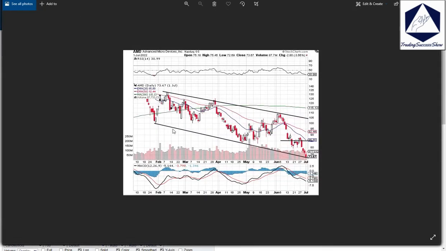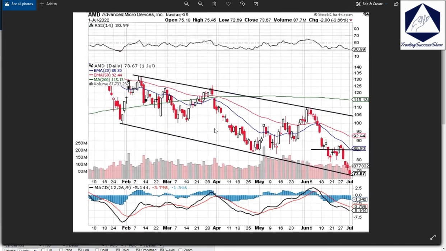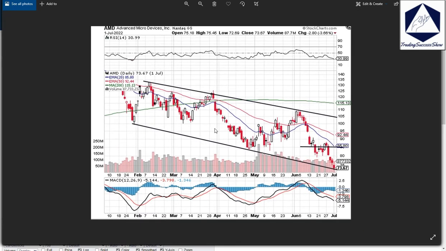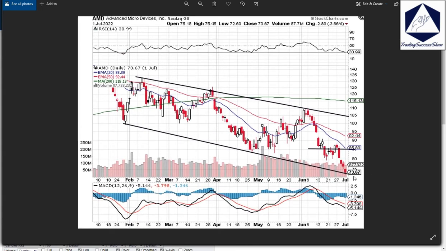I also talk about AMD, Advanced Micro Devices. So right now this stock, we have support. Right now we just hit this spot the third time. The third time is a charm, right? That's what they say. We got this area and also another one, and now we're making the third one.